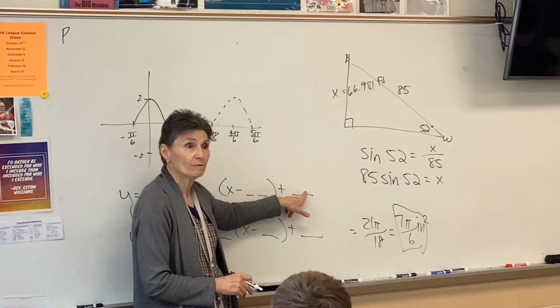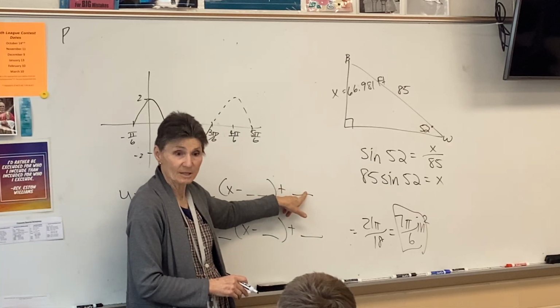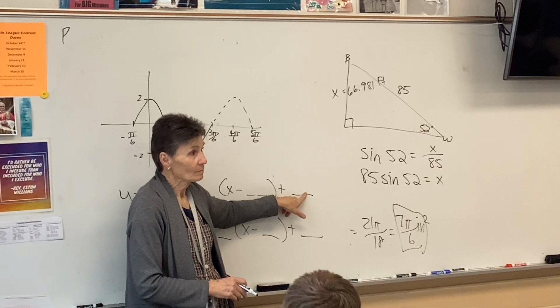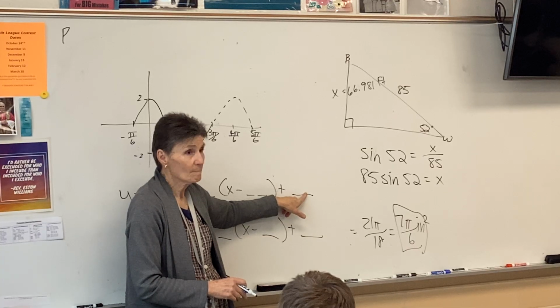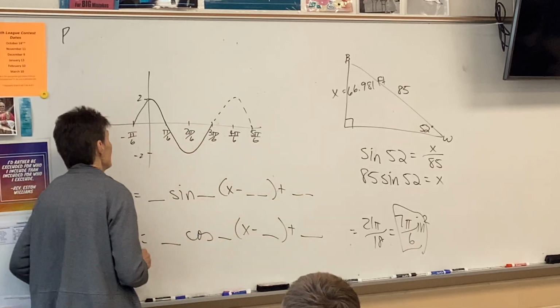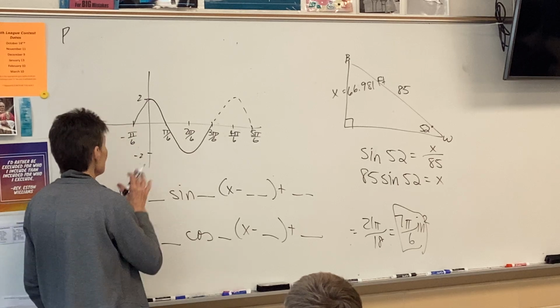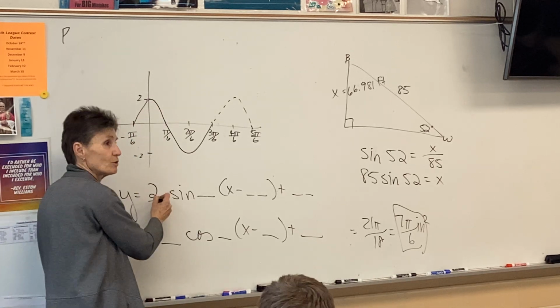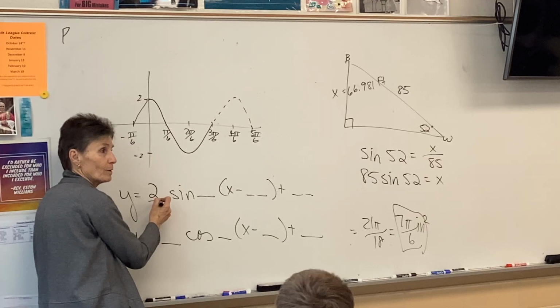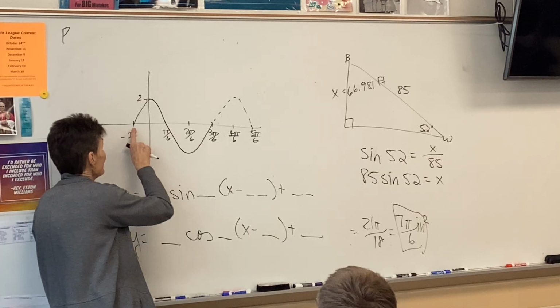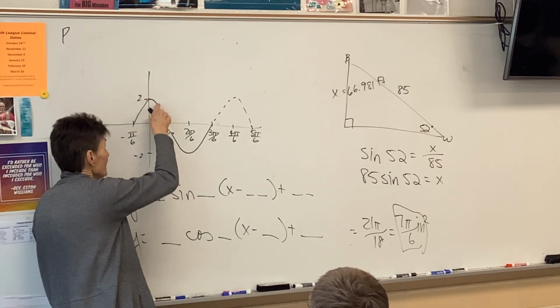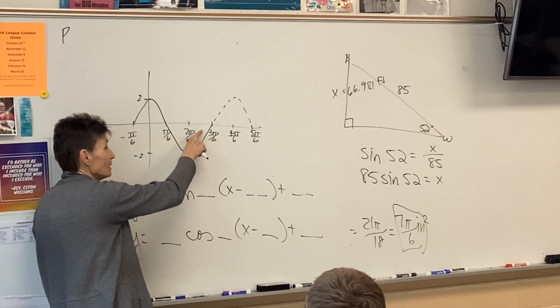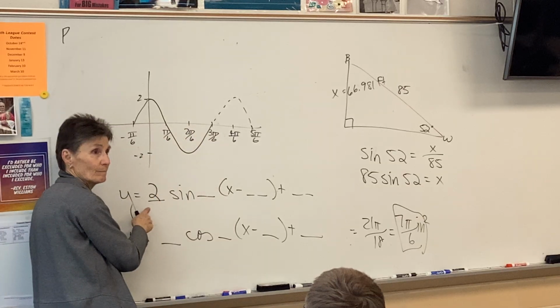And I can move it up and down, that's this one. This one's 2. So, let's look at what we've got. If I think of this as a sine curve, it clearly has an amplitude of 2. Would you agree with that? And because I'm looking at the hill and then the valley, that's a positive 2.